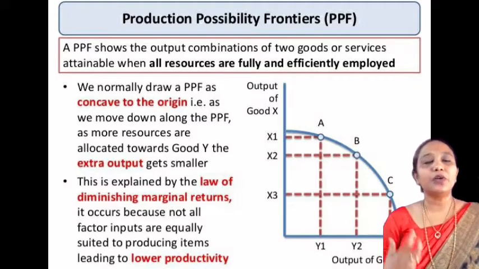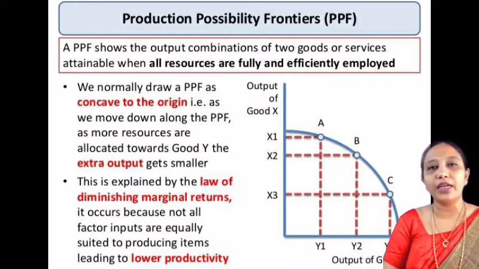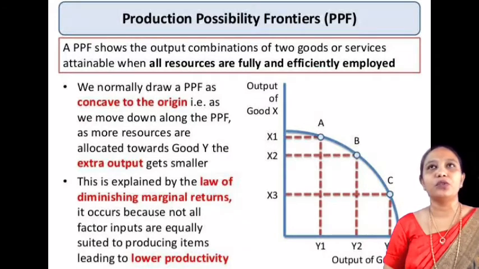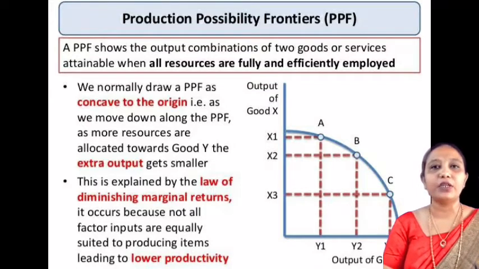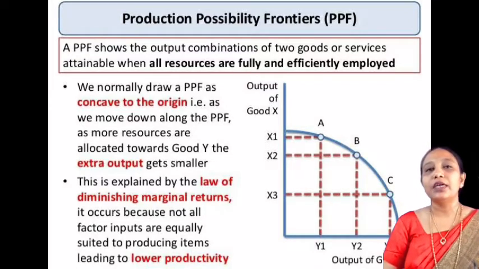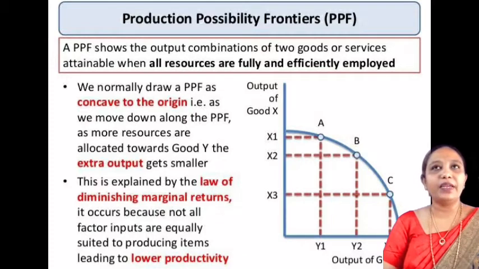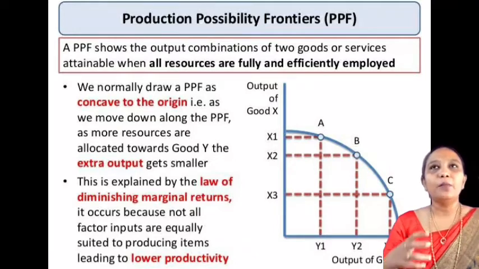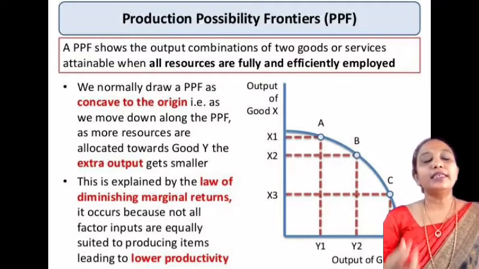The production possibility frontier refers to the graphical representation of all possible combinations of two goods which can be produced with the given resources and the technology used. Alternatively, the PPF focuses on the possible combinations of goods which can be produced with the given resources and technology.